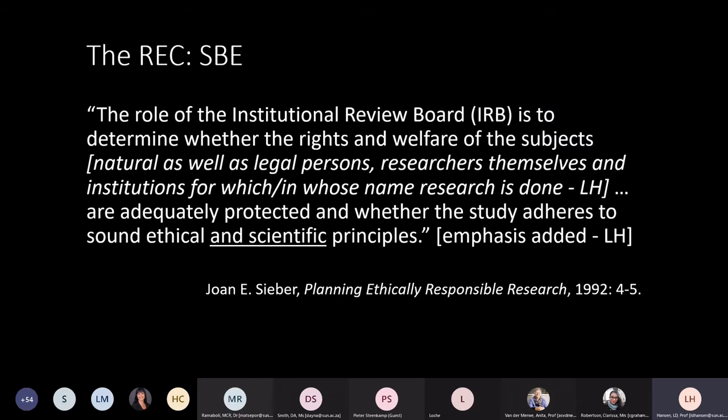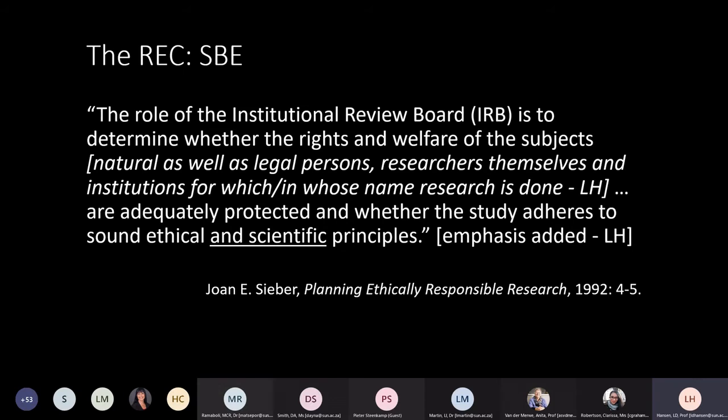But we also have a responsibility to look at the risks that the researchers impose on themselves. So in those cases, for instance, if you work in a situation such as with gang members, it is also the duty of the REC to look at how the researcher protects him or herself in the process.